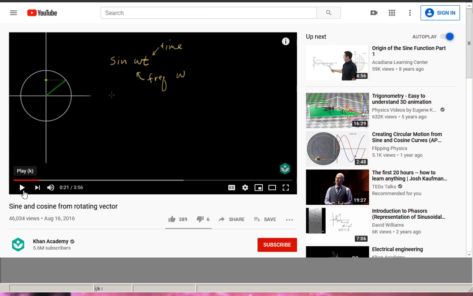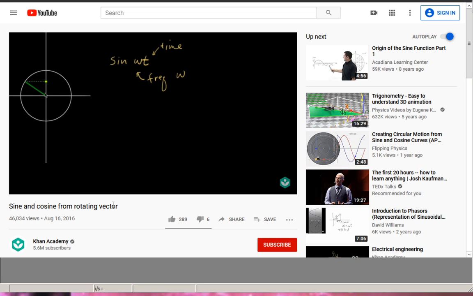Let's listen to what he's got to say here. It's a way to construct a sine wave. So what I have here, this green line is a rotating vector. And let's just say that the radius of this circle is 1. So here's a vector just rotating slowly around and around.